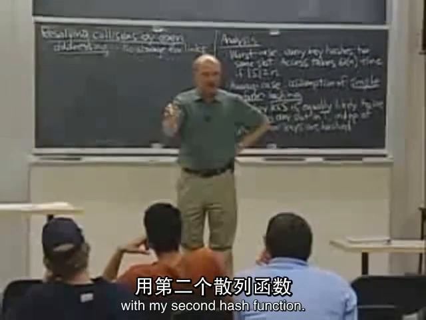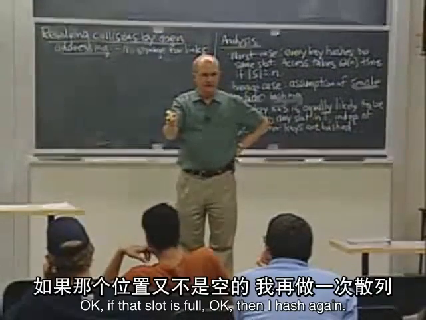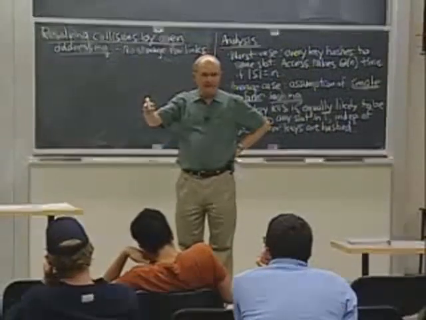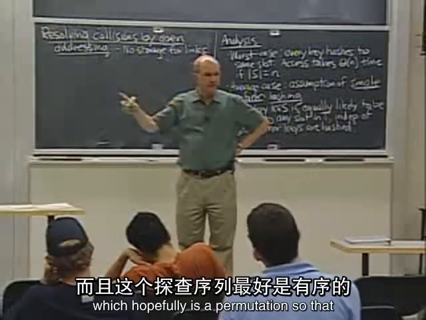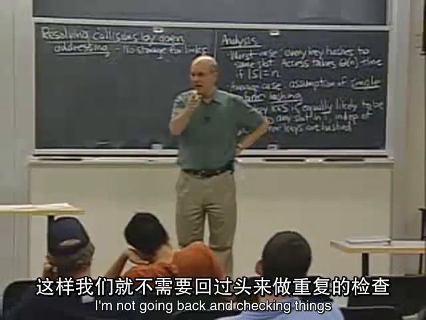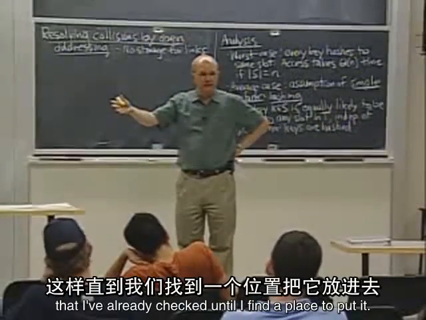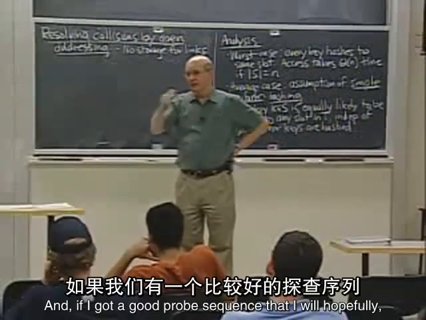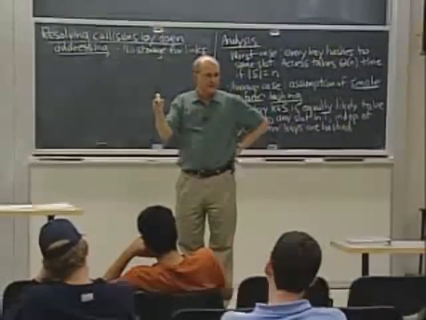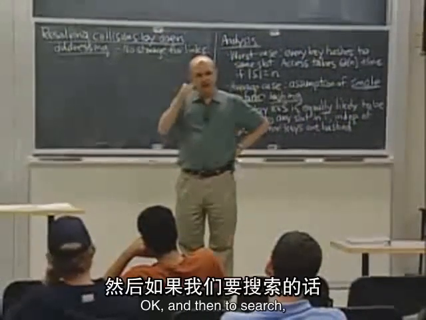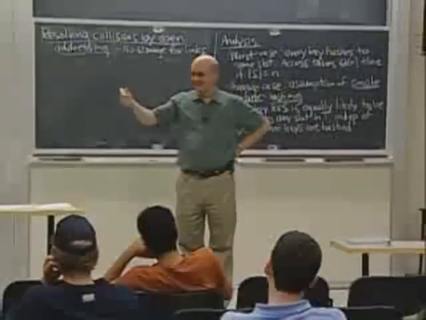With my second hash function, I check that slot. If that slot is full, I hash again. I keep going along this probe sequence, which hopefully is a permutation so that I'm not rechecking things I've already checked, until I find a place to put it. If I've got a good probe sequence, hopefully I'll find a place fairly quickly. Then to search, I just follow the same probe sequence.